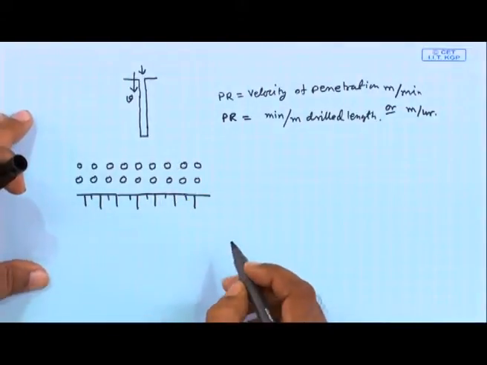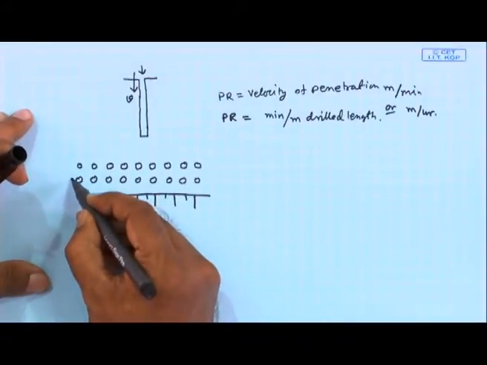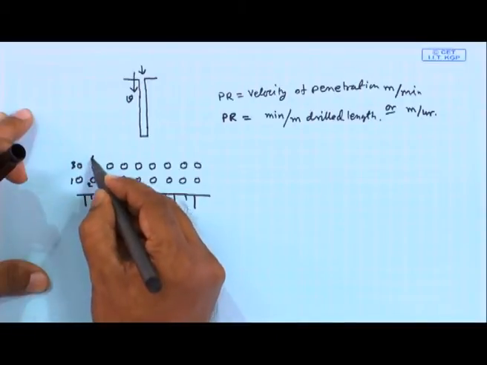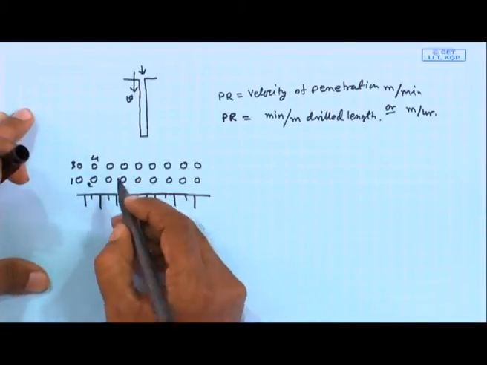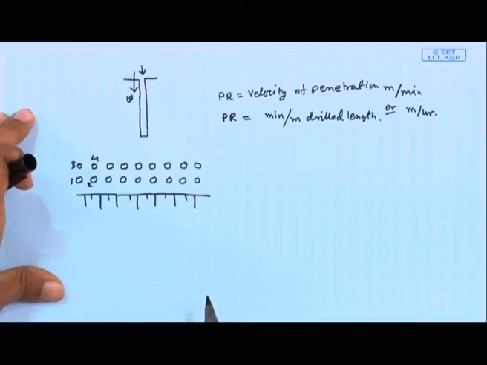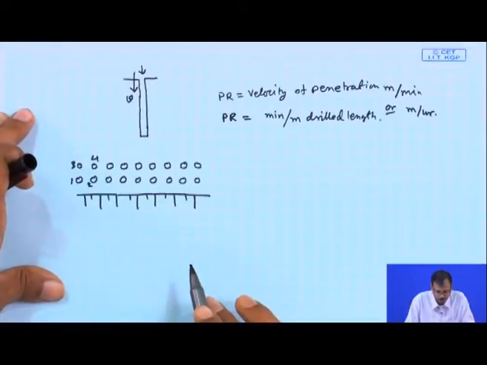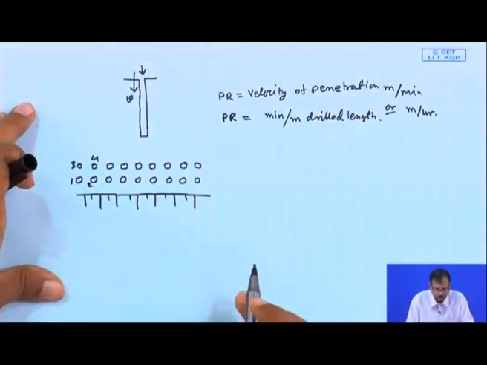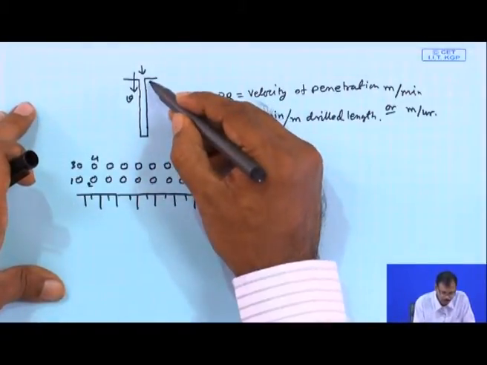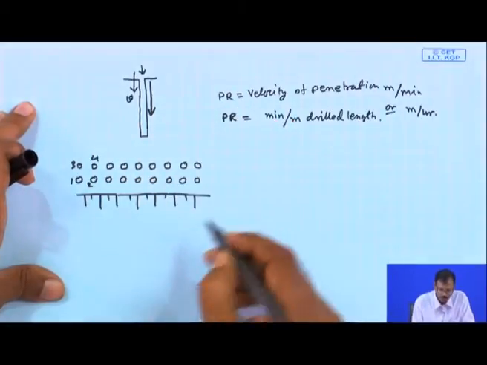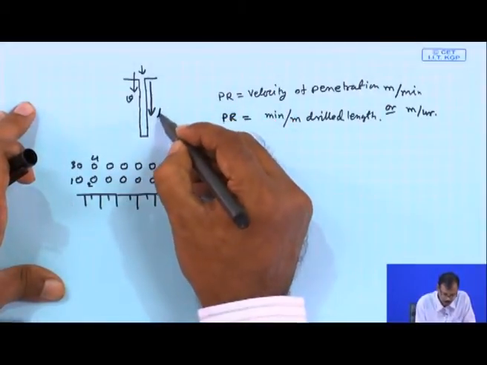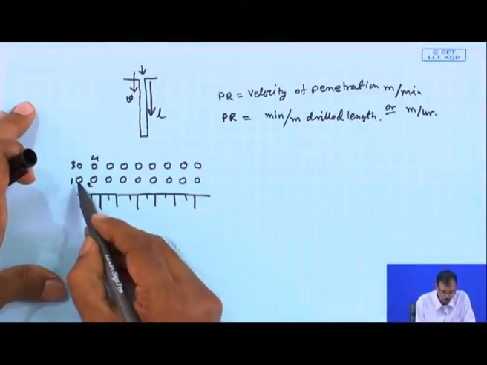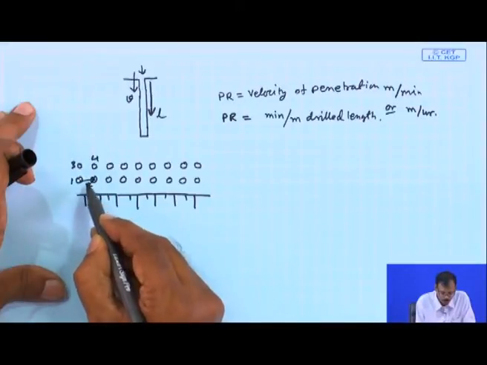So, a drill machine has to drill this hole first, then maybe this one, then maybe this one. So, like that way the drill machine has to move and drill a number of holes in a particular face. So, it is not only the drill machine required to penetrate the rock mass to achieve the drill length of L, but also it needs some time to move from one hole to another hole.